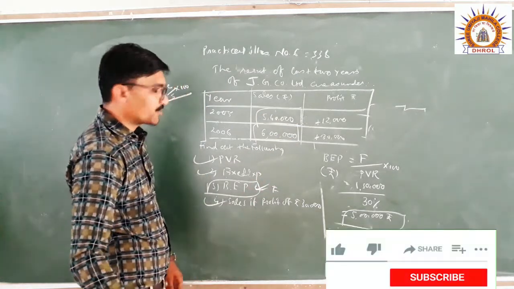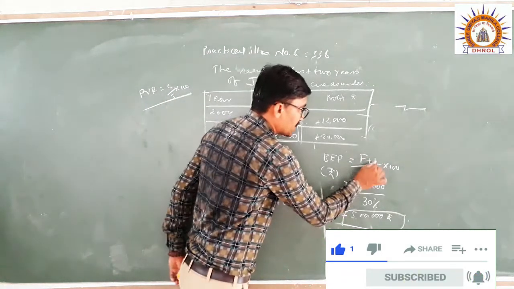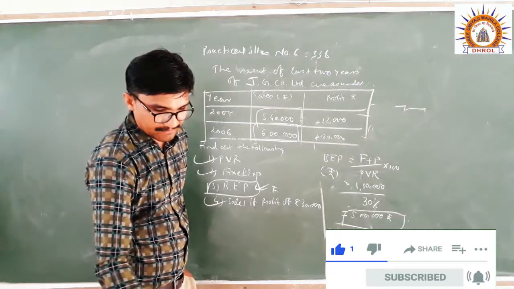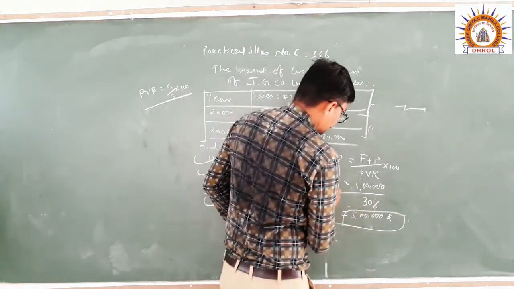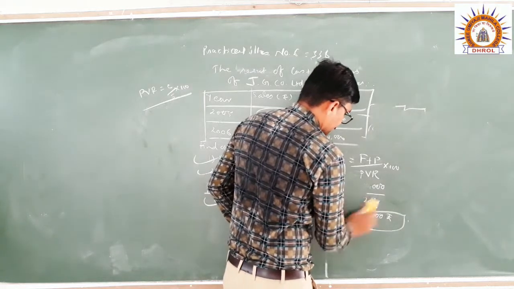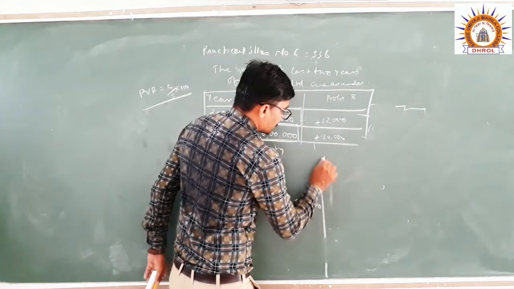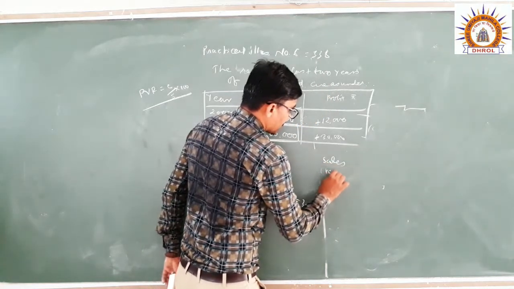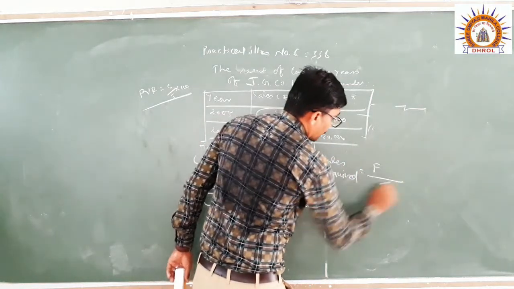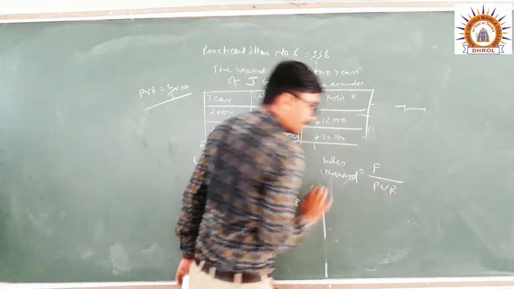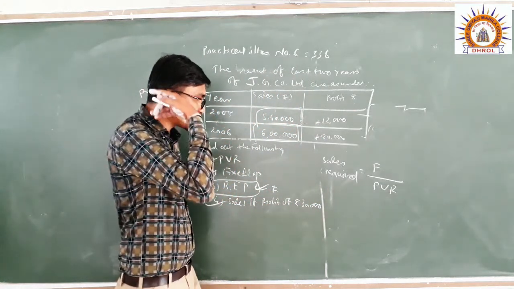And the last one is sales if profit is rupees 30,000. Which formula is used here? Simple, you can add P. So sales required is equal to F upon PVR, the same formula which we applied in the break-even point calculation, if the PVR is already calculated.